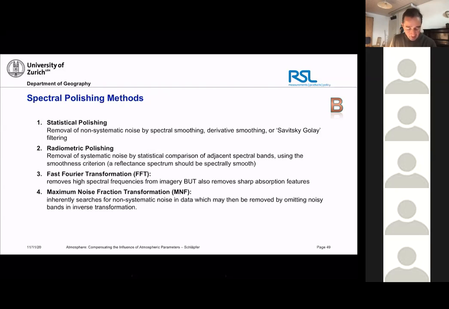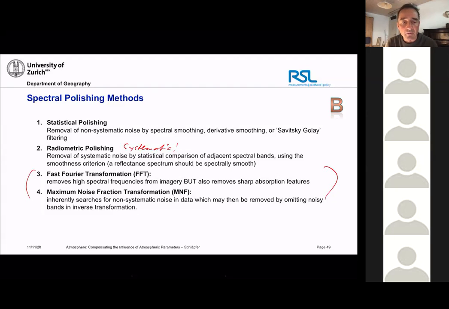And what do we have available? That's the statistical, radiometric. Statistical is just smoothing, filtering. Radiometric is you search for systematic noise. And Fourier transformation is one which is seldom done, and it is very hard to do in an automatic way because you need some interaction to set a limit of which frequencies to get rid of and so on.